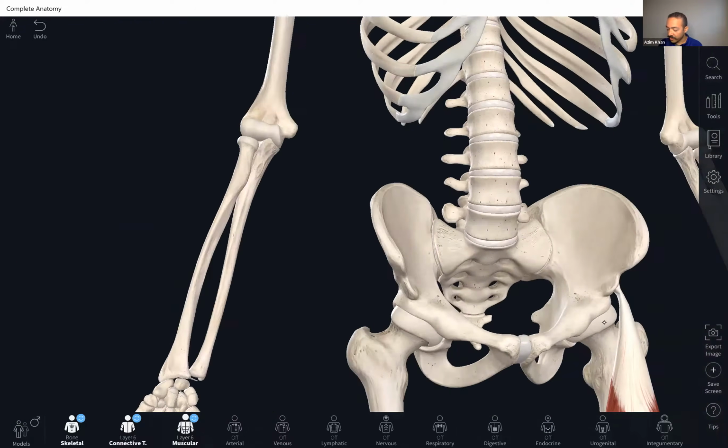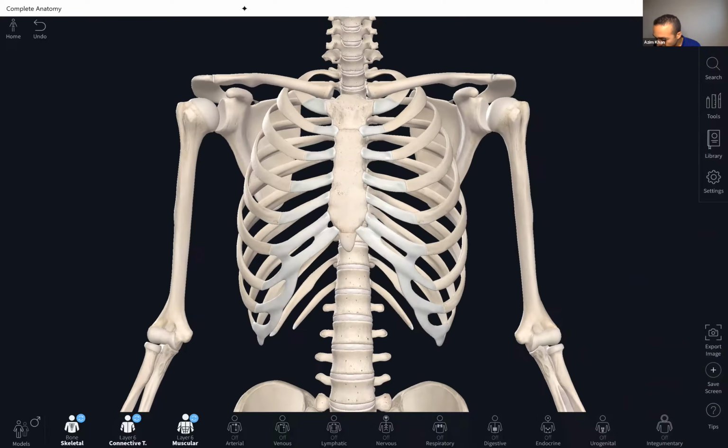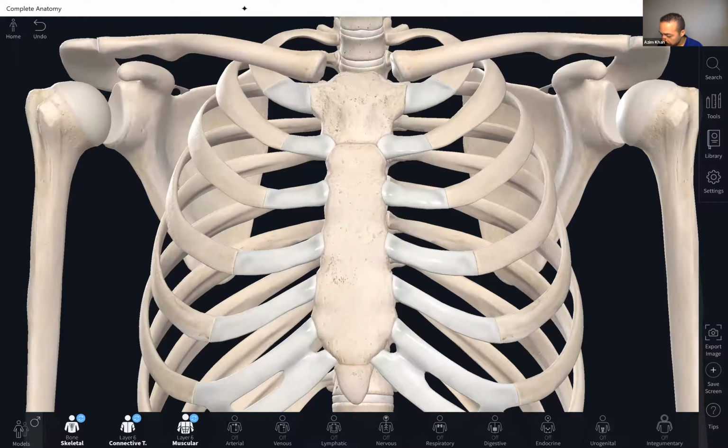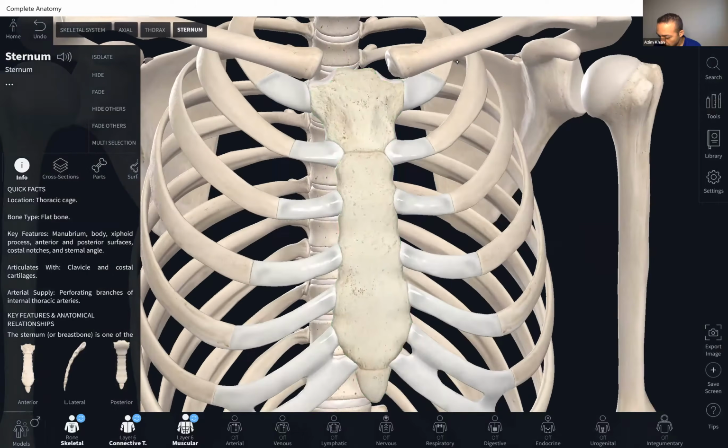Here we are in an anterior view. You can see the sternum here. The manubrium, body, and the xiphoid process.